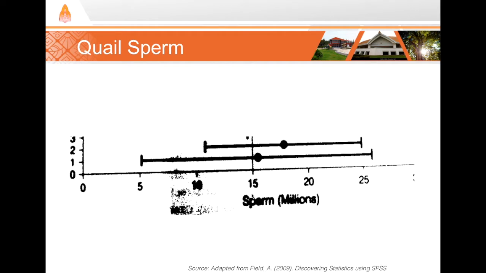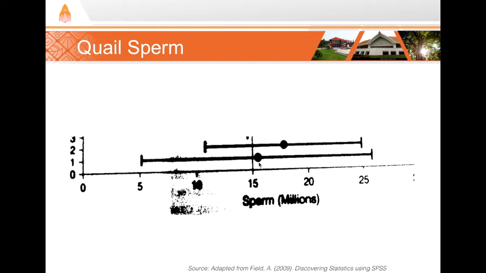In the first sample that we take, the mean sperm count was 16 million. And they computed a confidence interval, and it went from 5 million up to 27 million. Now take note that 16 is right in the middle. The scientists, or maybe the quails, enjoyed the experiment so much that they decided to take another sample, selecting quails again from the population.